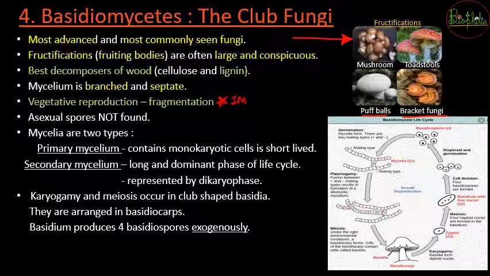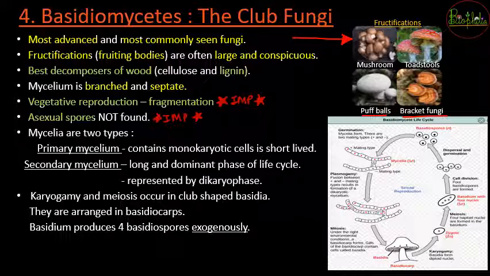This is important कि fragmentation से भी reproduction होता है in this particular group. Another important point that you need to remember is that asexual spores are not found in this particular group. So asexual spores जैसे Ascomycetes में conidia थे, but in Basidiomycetes there are no asexual spores found.